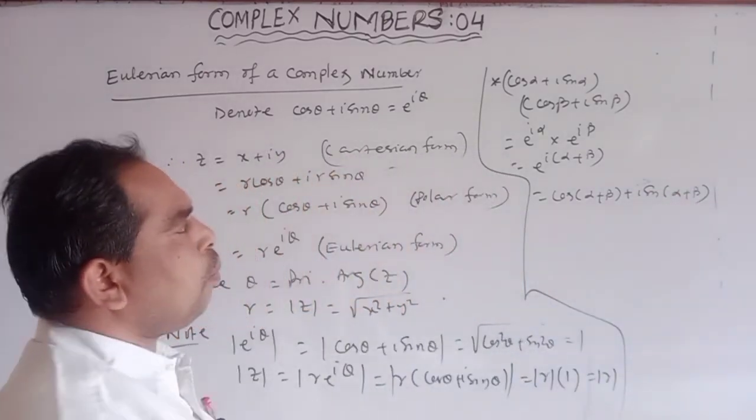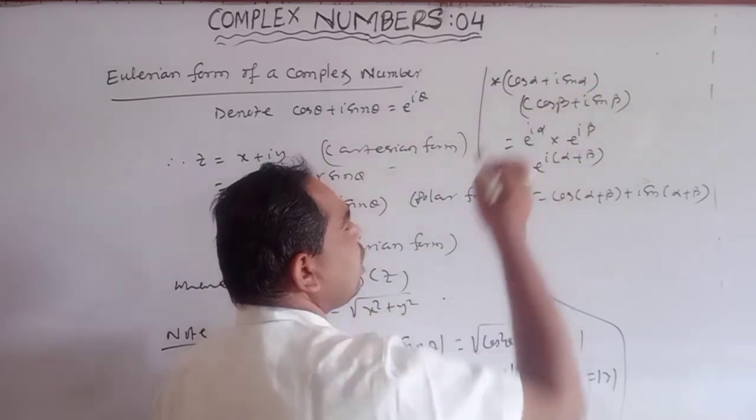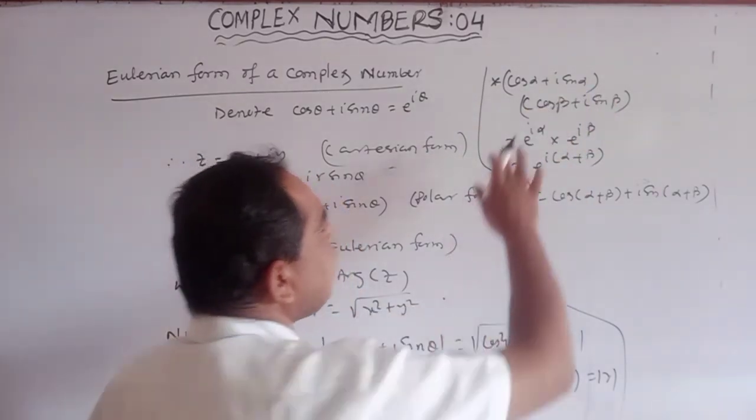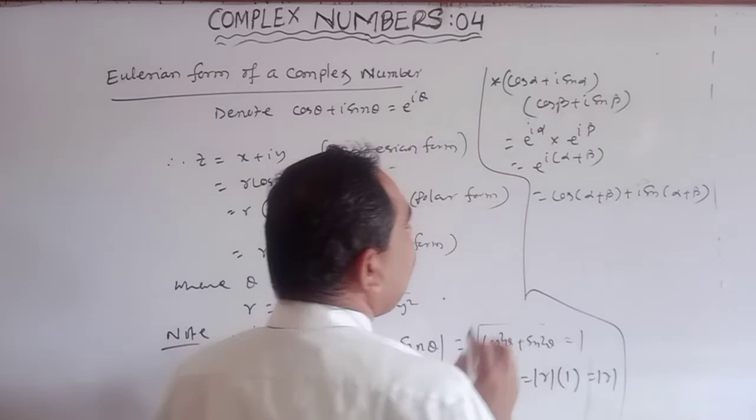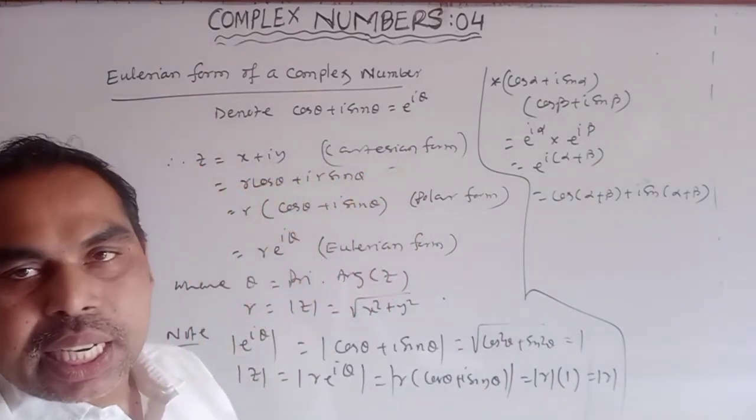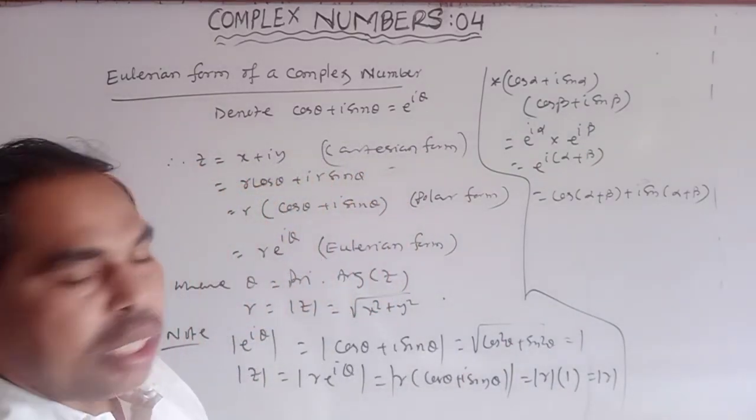So cos alpha plus i sin alpha into cos beta plus i sin beta is equal to cos of alpha plus beta plus i sin of alpha plus beta.